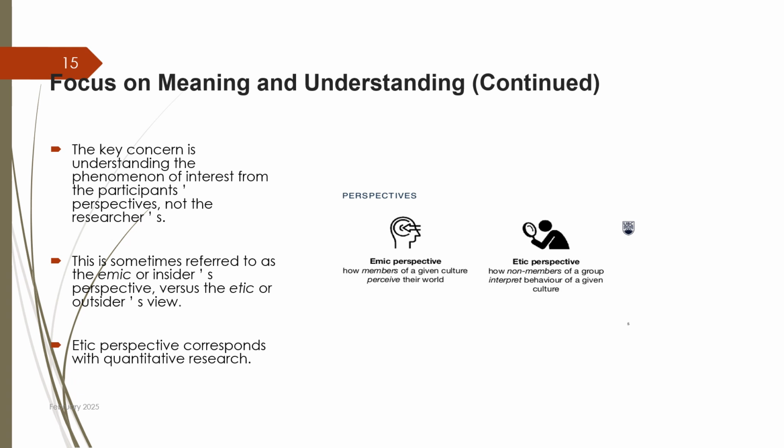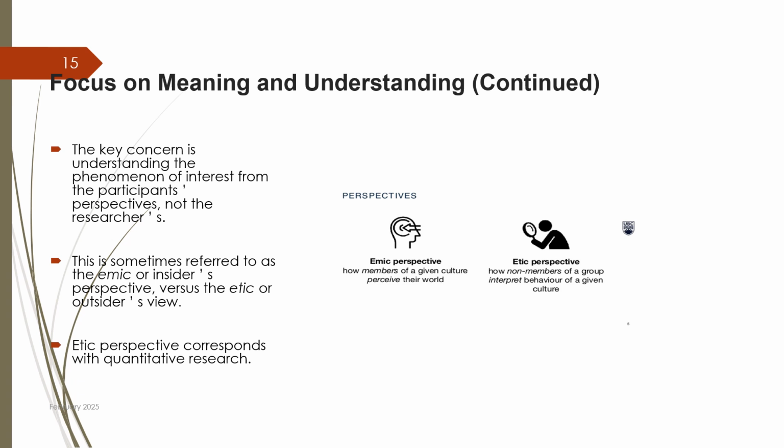So the emic perspective, or insider perspective, is related to qualitative research, while the etic perspective corresponds with quantitative research, where the researcher interprets the findings of the surveys, for example.